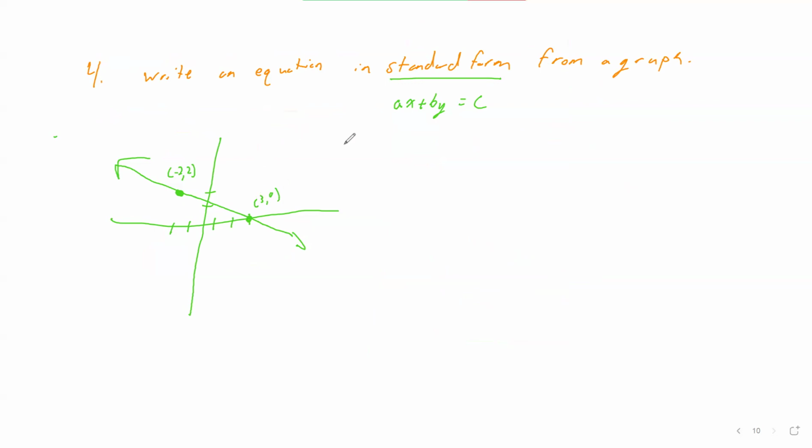So my points are... it does not, as long as you label. So if you call this the first point, it better be the first X and the first Y through the whole process. If you call this the first point, that's fine too, but it has to be the entire process. But no, it does not matter which one you choose.